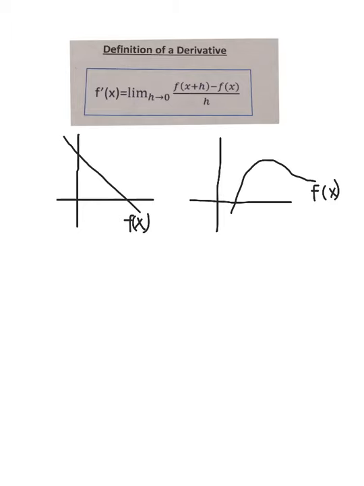do you remember when we say f of x, that's just a fancy way of saying y, right? So this is saying a y value, and this is also saying a y value, but they're two different y values because this one is f at some value x plus h. And here, this is f at some value x.